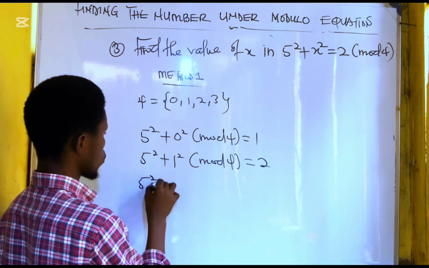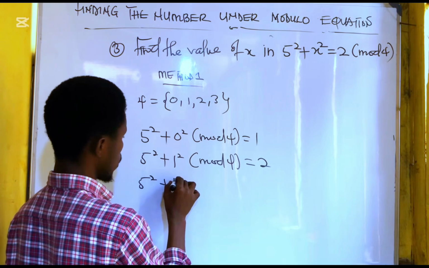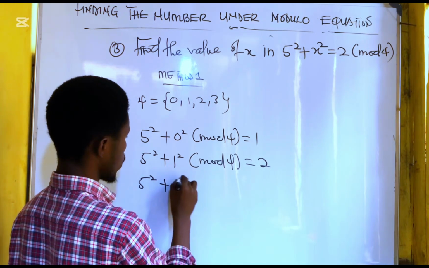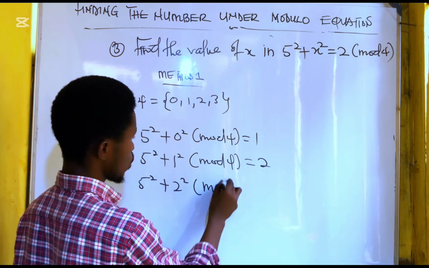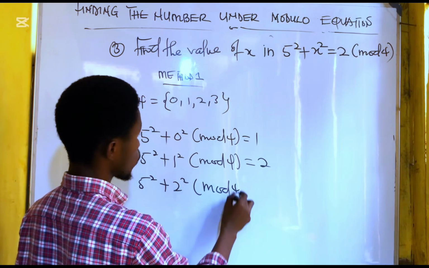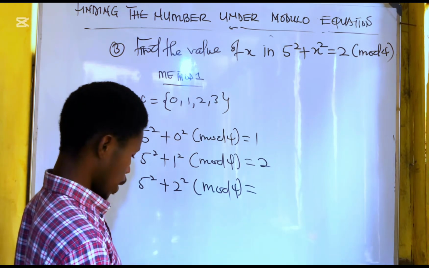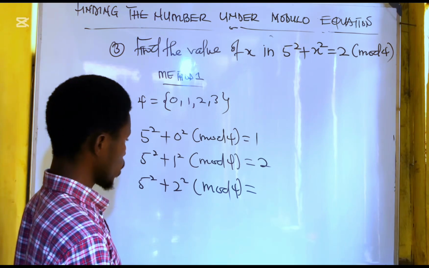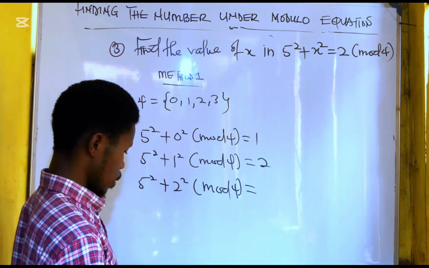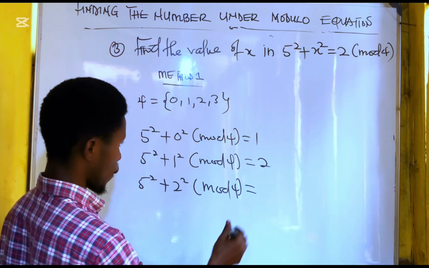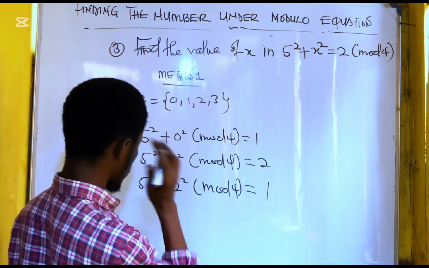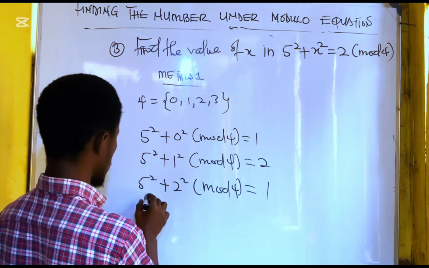Then move on. 5 squared plus 2 squared mod 4. So this one, 25 plus 4 is 29. This one will also give us 1. Then the last one, which is the 3.